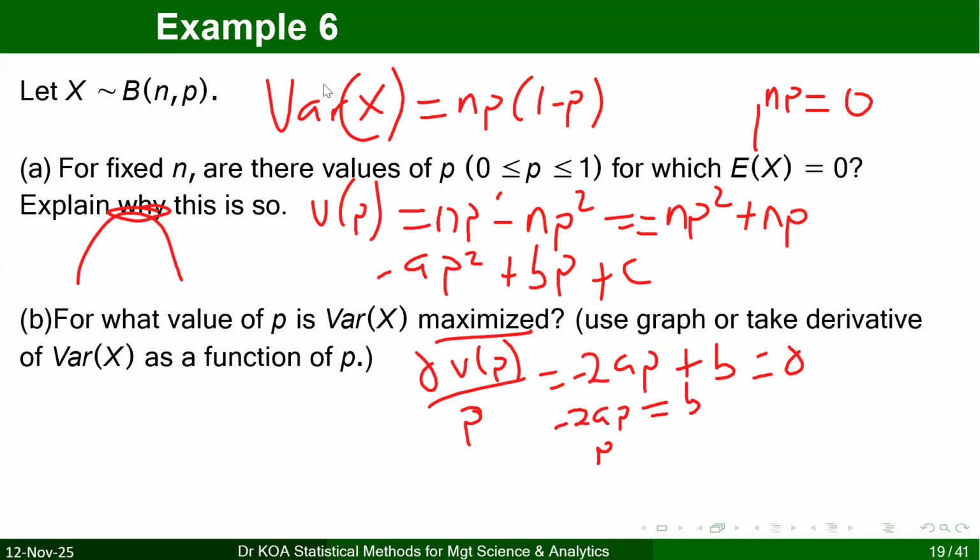The negatives will cancel out, because it will be negative 2AP equals negative B. No, I made a mistake by bringing the negatives here.